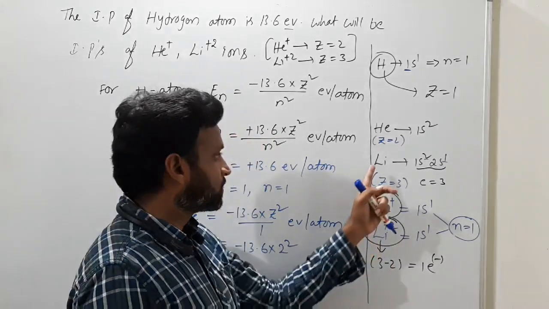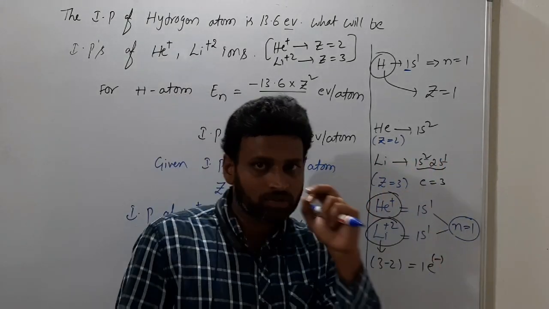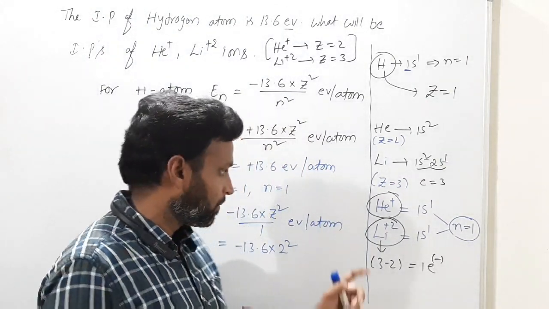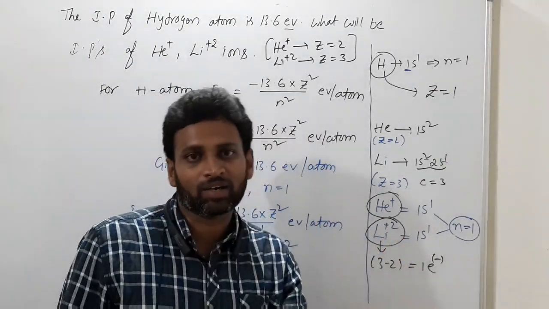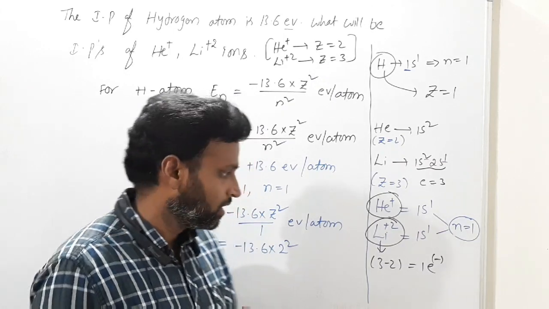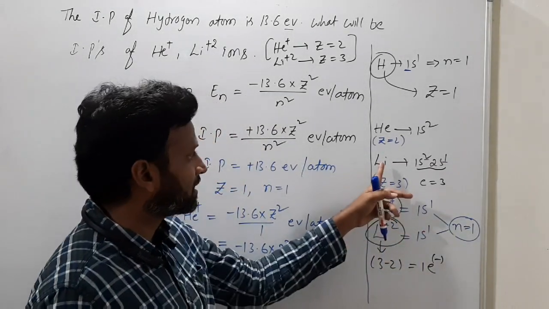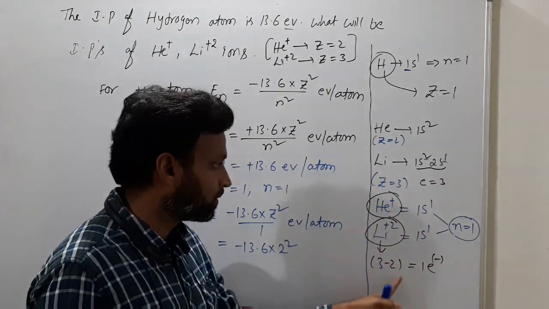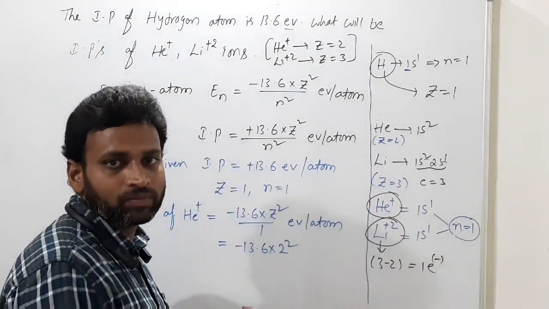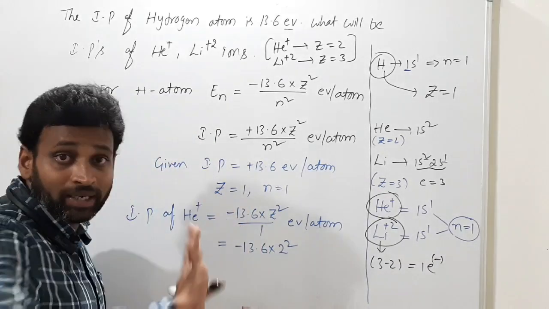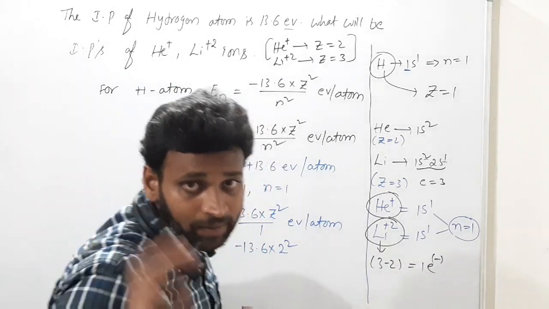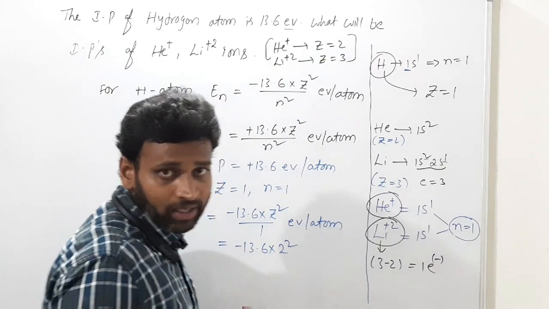So lithium has 3 electrons as it is neutral. But Li2 plus has 1 electron. Why 1 electron? Plus 2 means it lost 2 electrons. So lithium has 3 electrons, Li2 plus only 1 electron. Difference you understood? But the atomic number for atoms and ions is similar for a particular element.